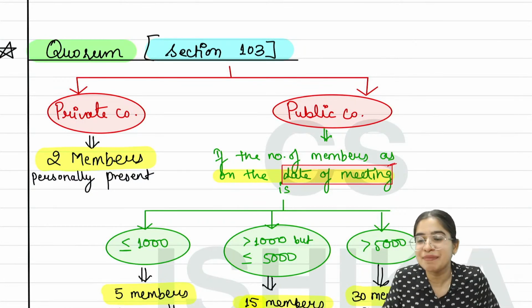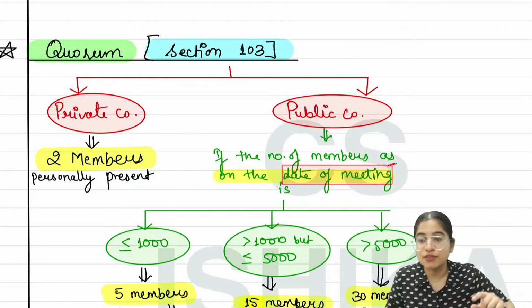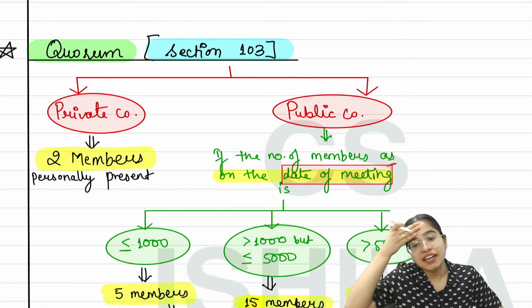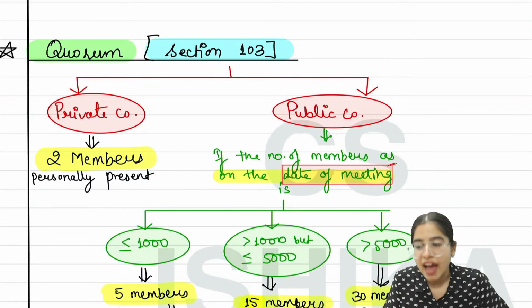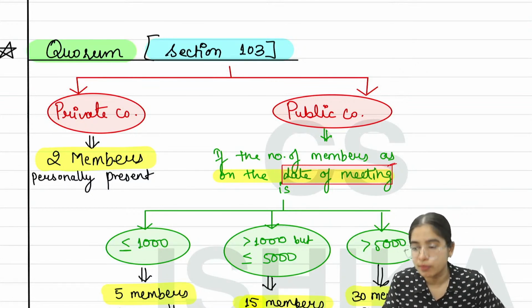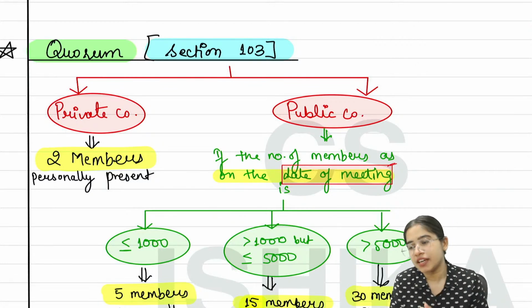You cannot send somebody else in place of you. You can send somebody in place of you, but that person will not be counted for quorum. If you are sending somebody else, that person will be known as a proxy, and a proxy is not counted for quorum. So for quorum at least 2 members should be personally present in case of a private company, then only the meeting will be held.